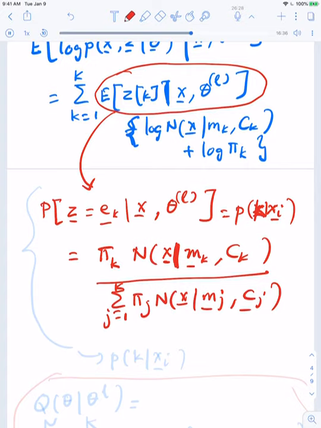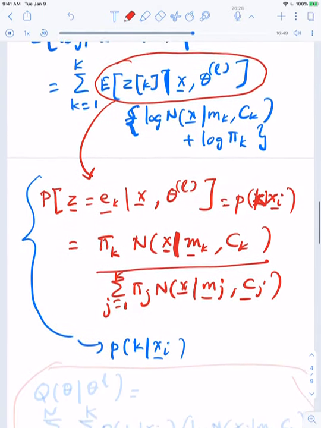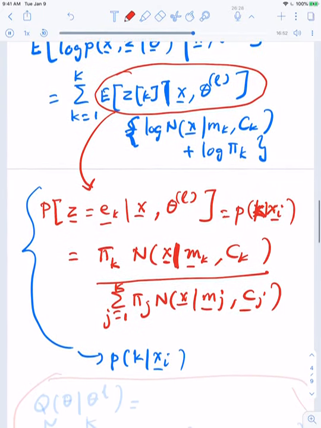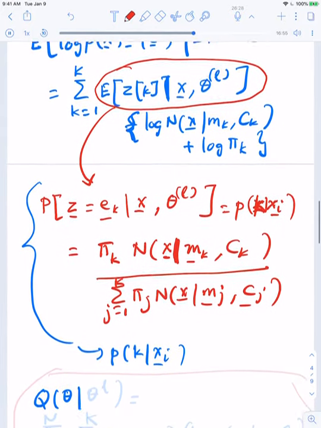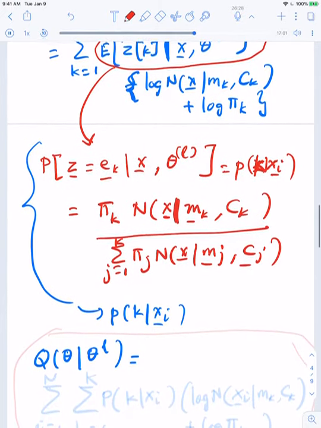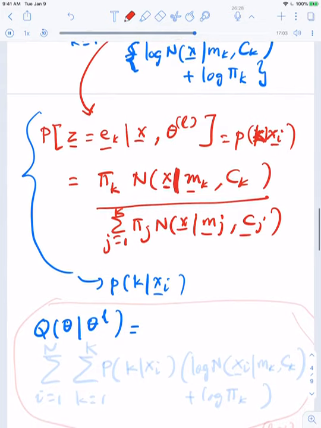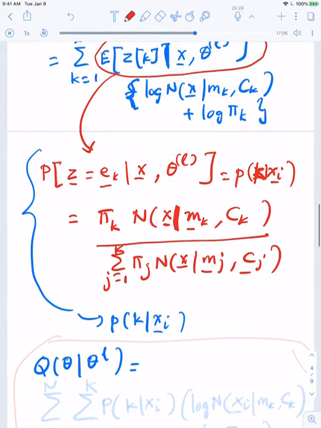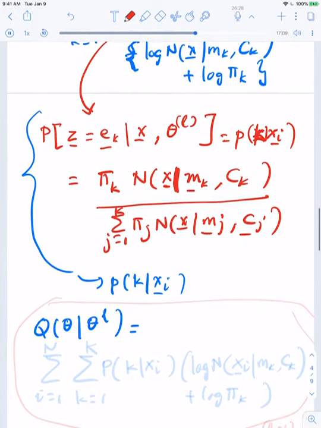So the main computation in the E step are these assignment probabilities, which we had previously denoted by p of k given x_i, and now we have to plug those in to get my Q of theta given theta L. Remember what that was. And now I'm going to bring in all the examples. So I have plugged in the assignment probabilities there, and I'm summing over the training examples. For a generic training example x_i, I have the assignment probability, which is replacing the z_i of k.